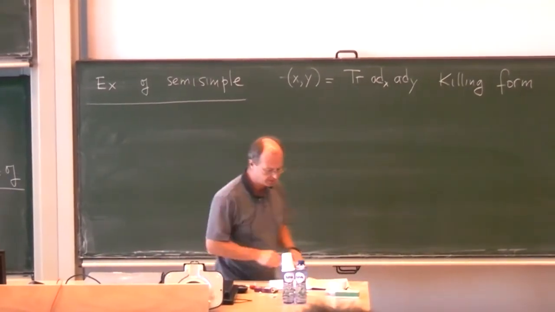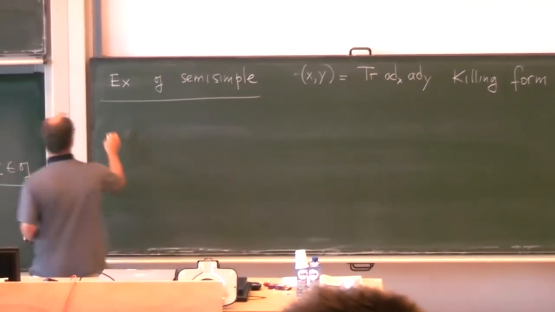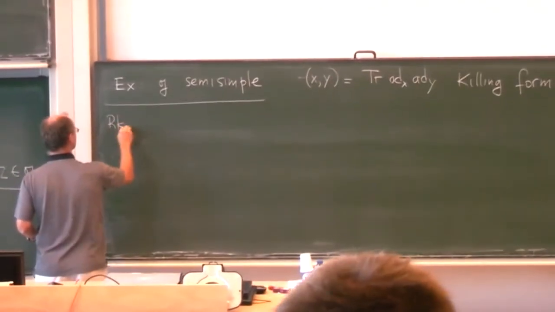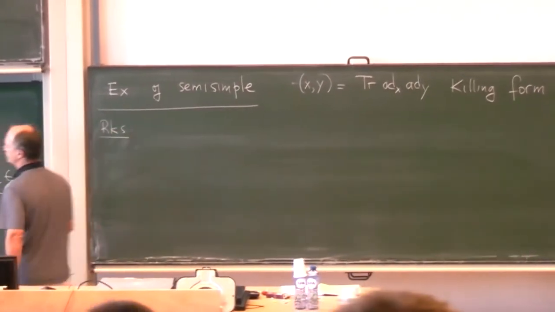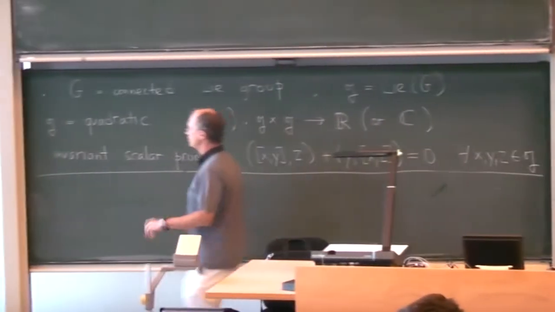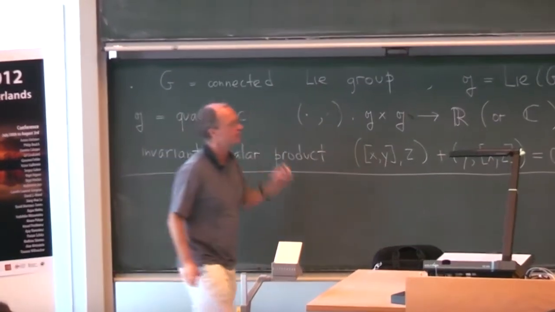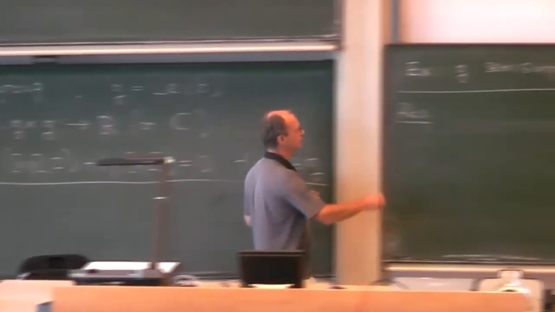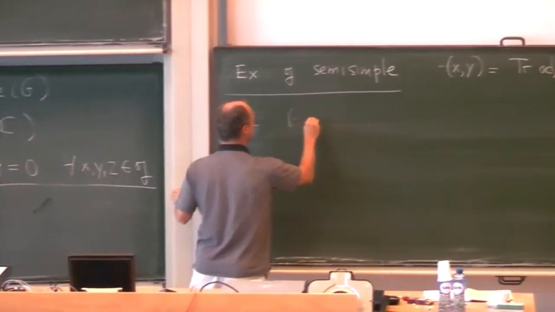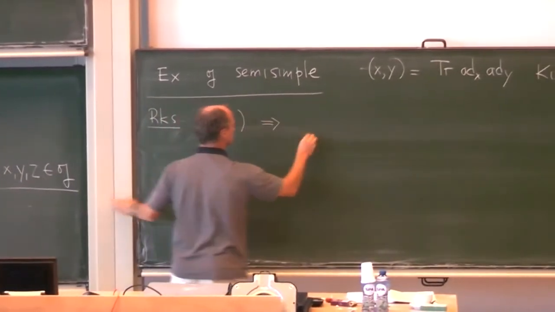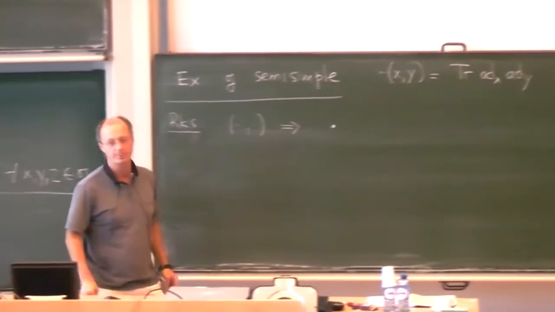Perhaps some remarks about this extra structure that we introduce. If the Lie algebra is quadratic, so we have this scalar product, it gives you several things.